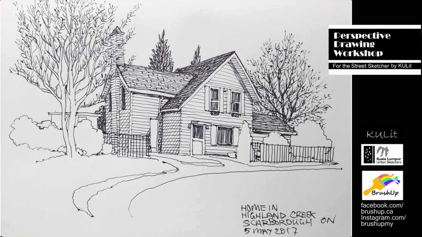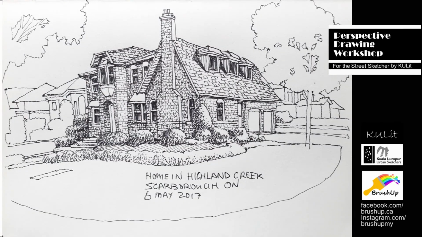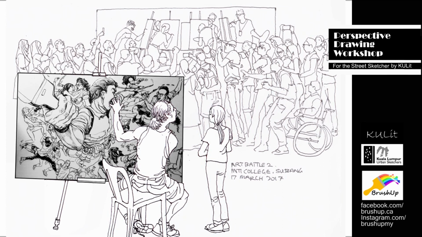The Urban Sketchers group has a manifesto that says all the drawings you do should be live on the streets. There's a reason for that: when you're on the street, you see things in 3D, as opposed to looking at a photograph, which is 2D.